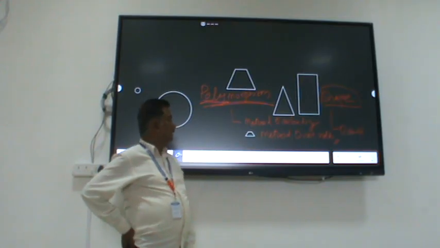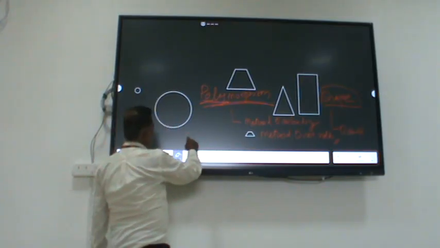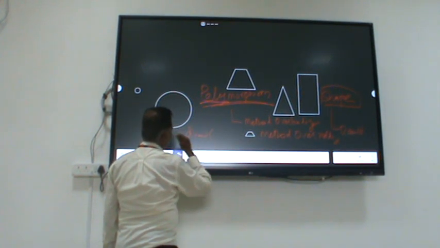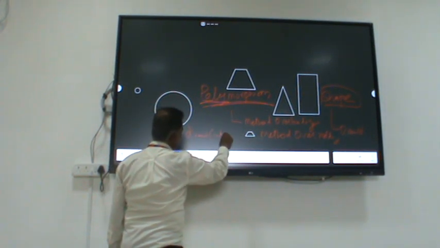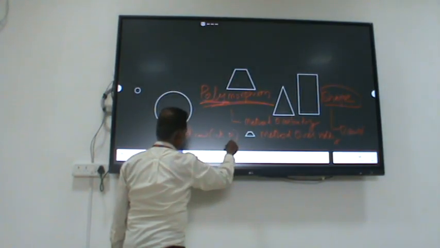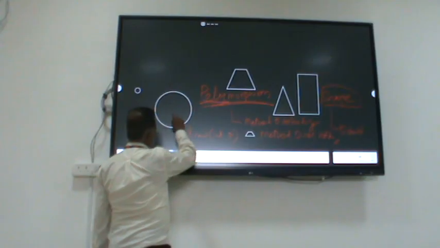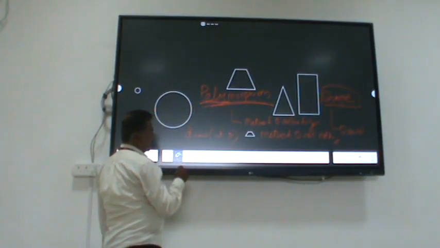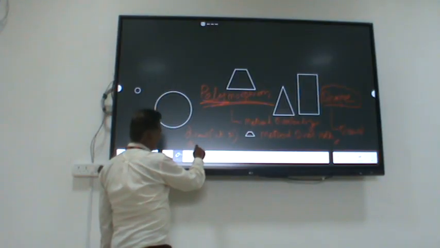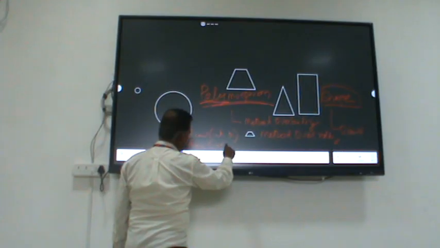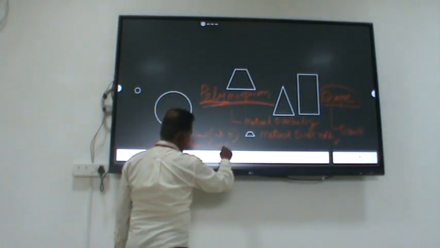For instance, this draw method: if I want to draw a circle, I will say int P1. P1 is parameter 1, so I need to give the radius. To draw a rectangle, I have to say the draw method again and pass two parameters, P1 and P2, height and width.